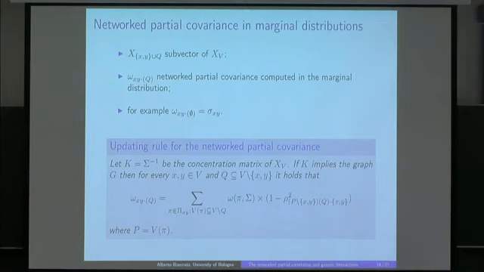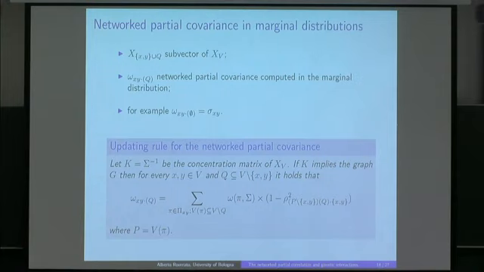Typically, when we compute a partial covariance, a partial correlation, or a network partial covariance, we are not observing all the possible variables. There are always some unobserved variables, and so essentially what we do is compute these quantities on a marginal distribution.